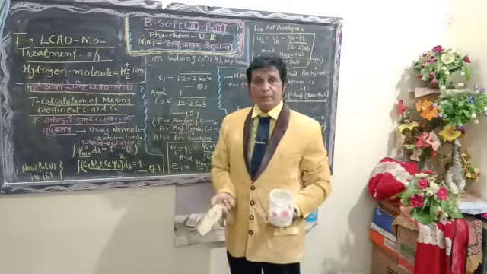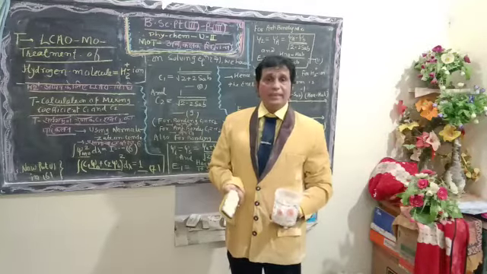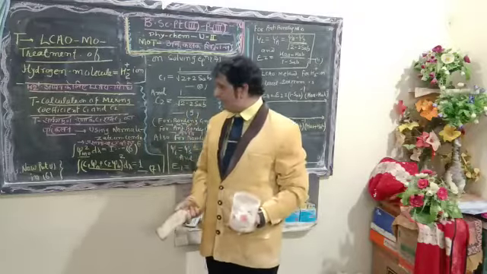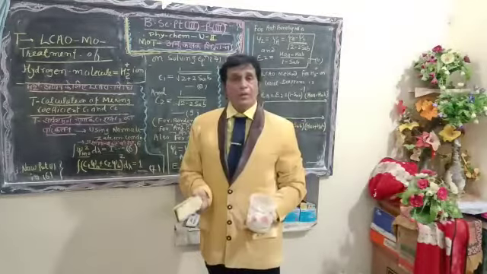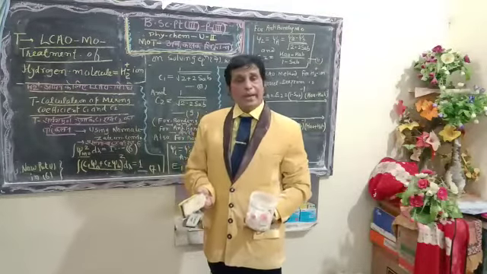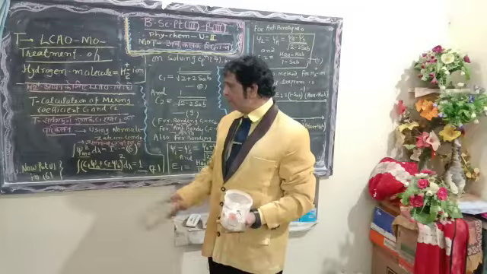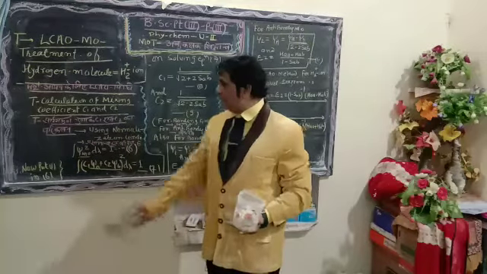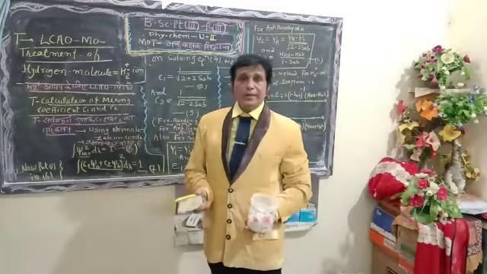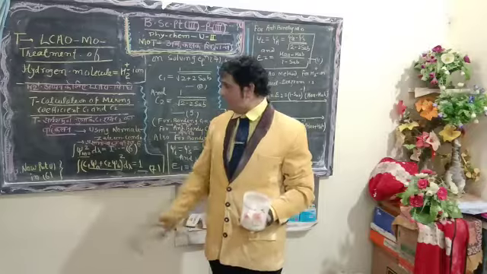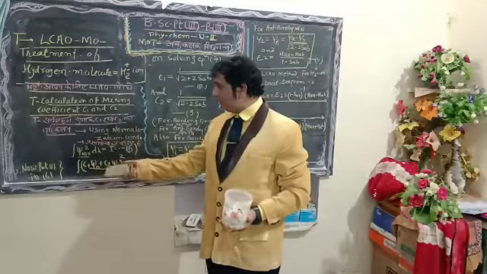Once again I state the fundamental equation for the molecular orbital: psi molecular equals C1 psi A plus C2 psi B, where psi A and psi B denote the atomic wave functions for hydrogen atoms HA and HB respectively. Squaring and integrating gives equation number 7, where the whole quantity is multiplied by the same quantity, C1 psi A plus C2 psi B.